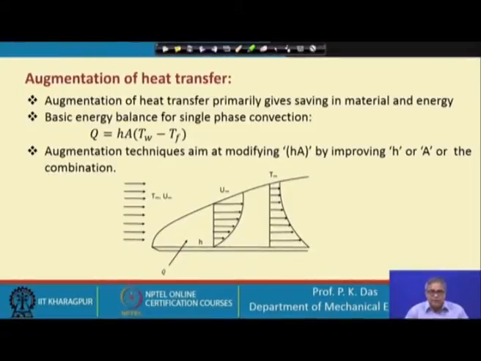There are many ways of enhancing H, and there are ways of enhancing the area A also. There are some ways by which the combination can be improved, that means both H and A can be improved. So, we will see some of them.